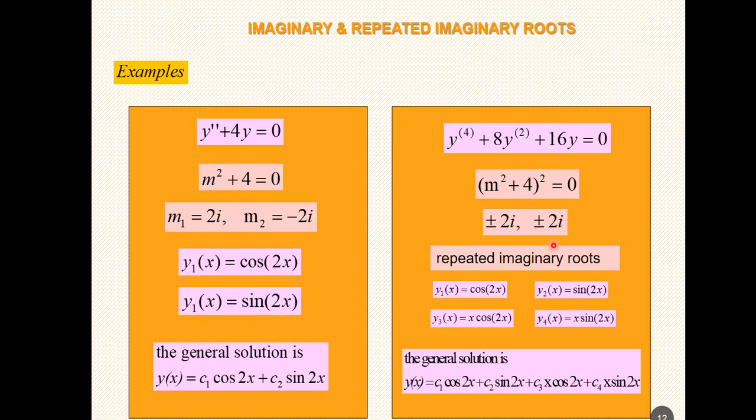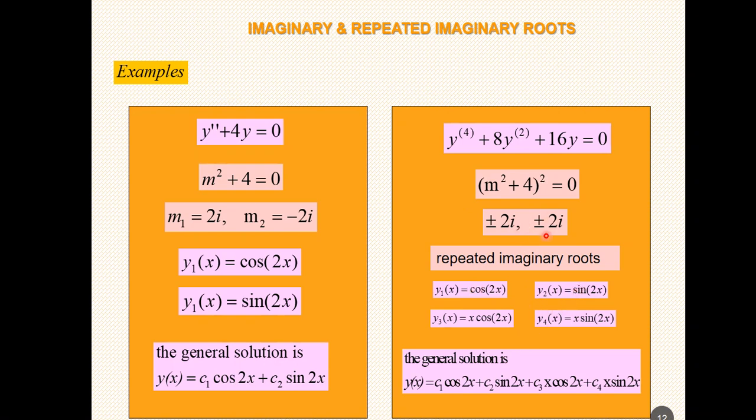How will you alter the terms in the general solution of your DE? It is the same as if you have a case of real repeated roots. So for the first plus minus 2i, this is your pair of terms.